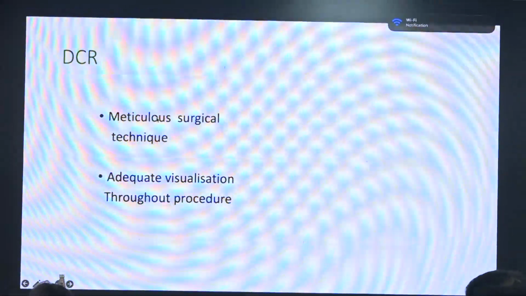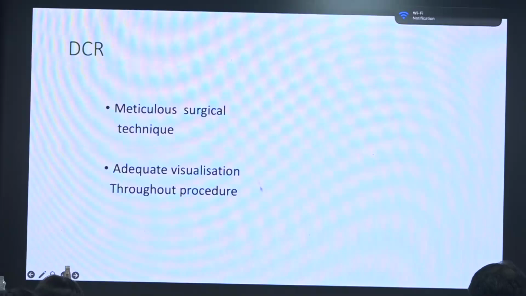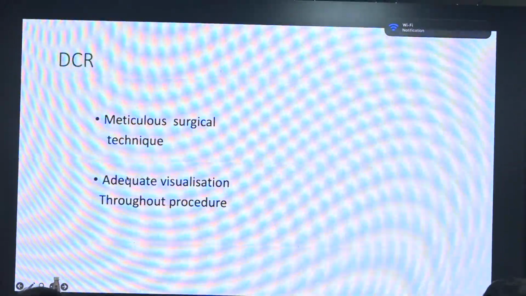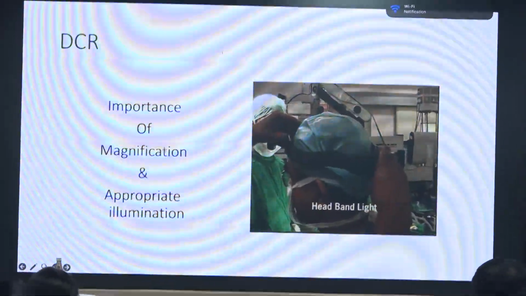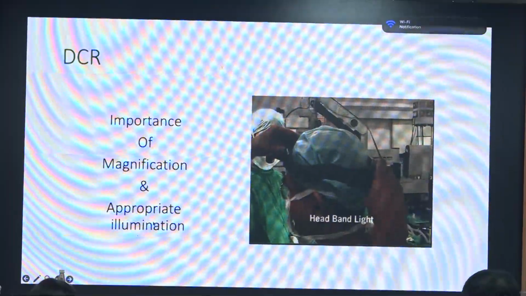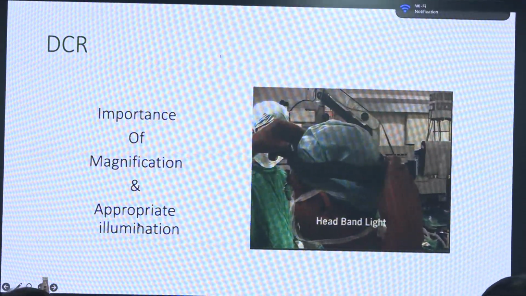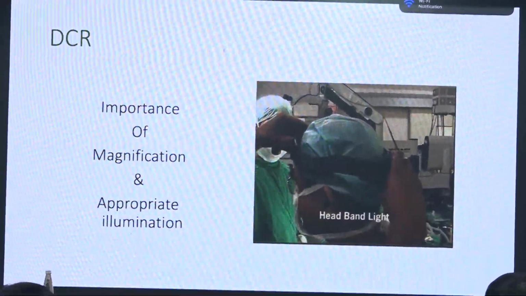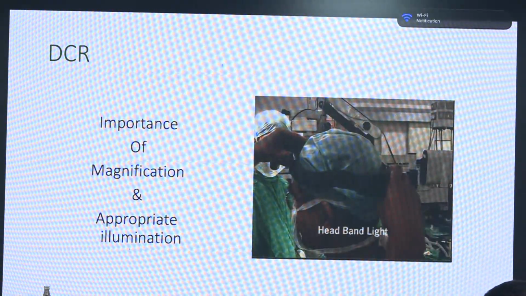So, meticulous surgical technique, which you have adequately emphasized, and adequate visualization through the procedure. This is extremely critical. You should not be doing any procedure blindly, and therefore using appropriate magnification and appropriate illumination is important. If you are used to working well with an operating microscope, and you can sit on the side and visualize medially, I think that is a very good way of doing it.